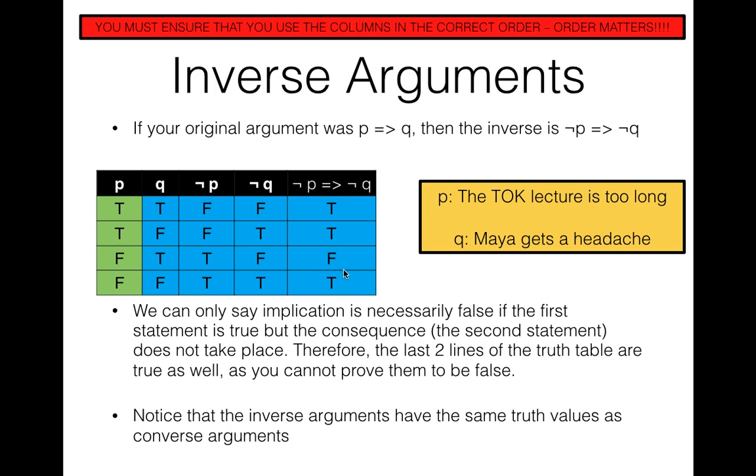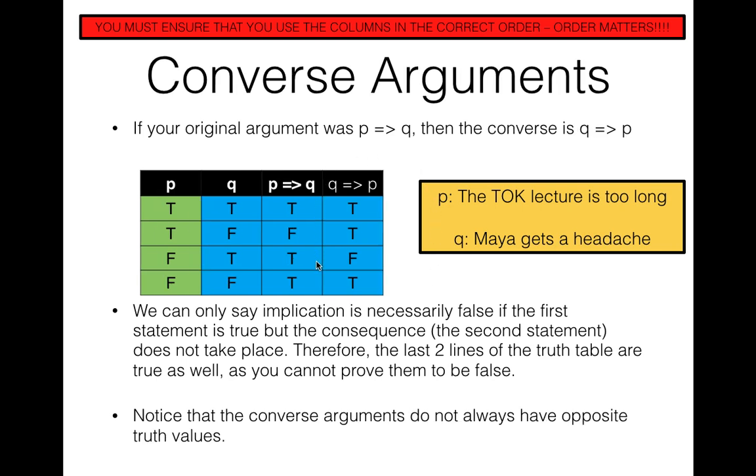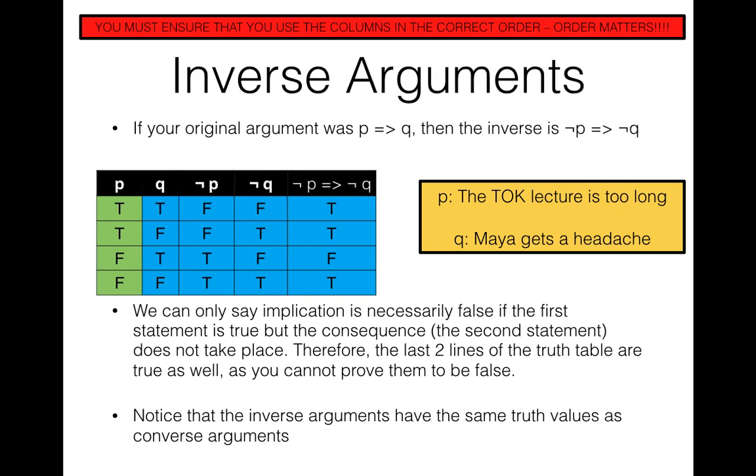And if both of them are true, then obviously it comes out as true. And notice that this, for the inverse argument, is the same as for the converse argument. They actually come out with the same truth values. So make sure you get that down as well.